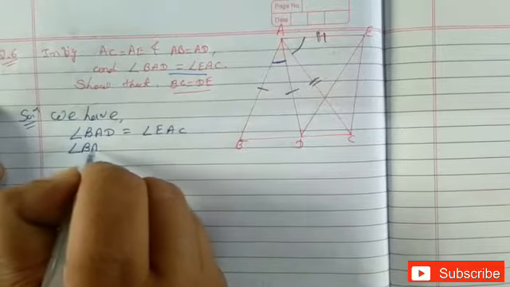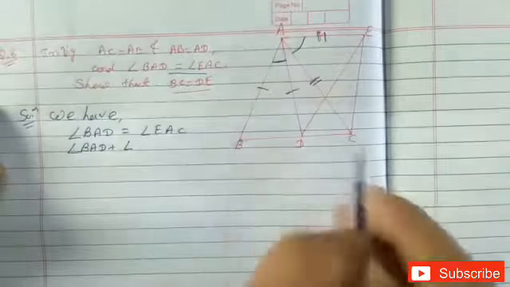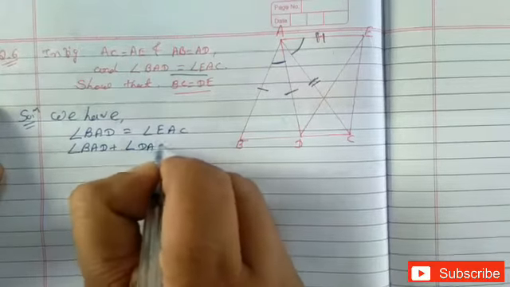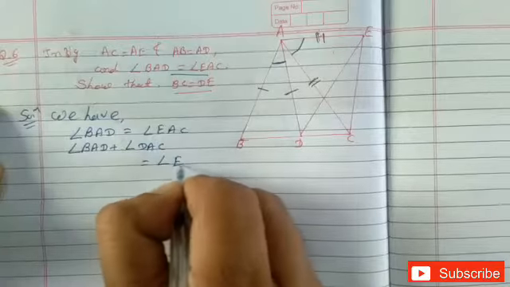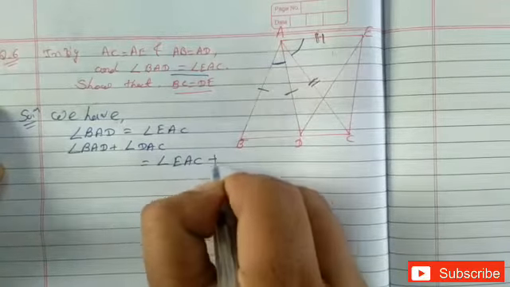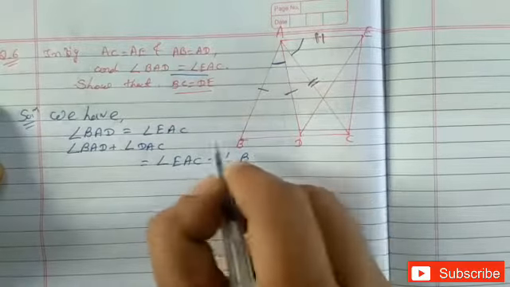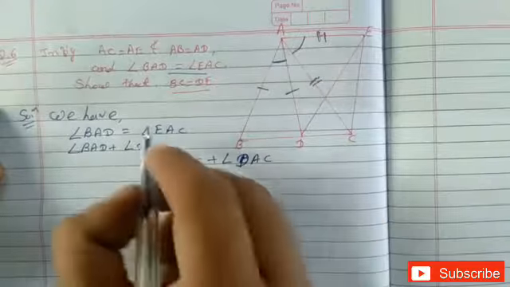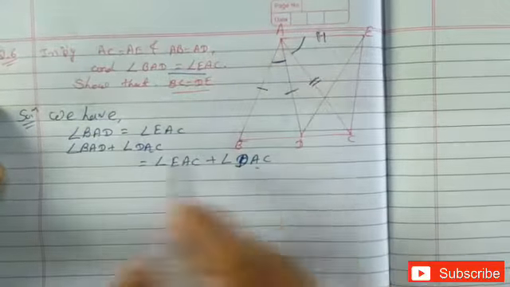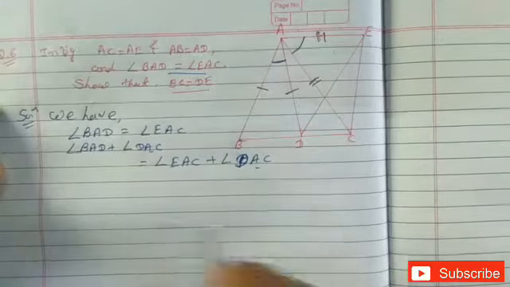Angle of BAD plus angle of DAC is equal to angle of EAC plus angle of DAC. Okay, I add here angle of DAC on both sides. Then what can we say?